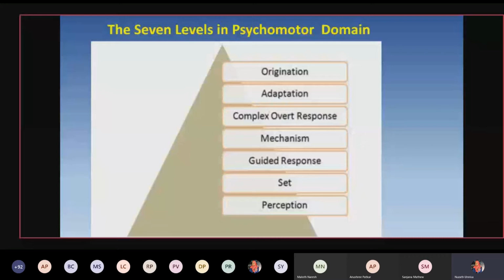So this is all related to movements. With the name itself, the word psychomotor, we can guess it actually, that it gives us a hint. It is something to do with the motor functions of our body, of our student's body.